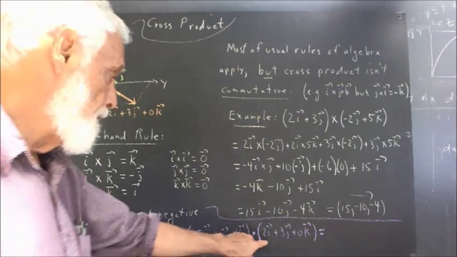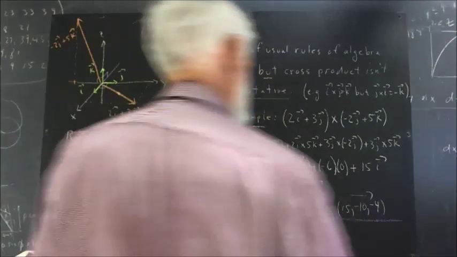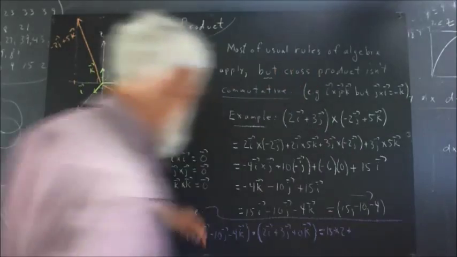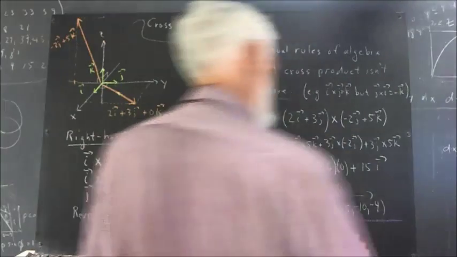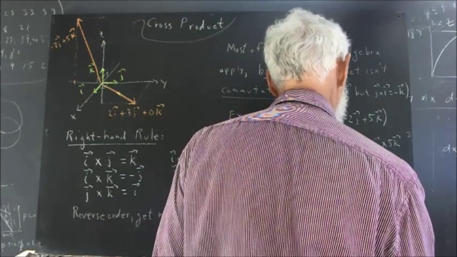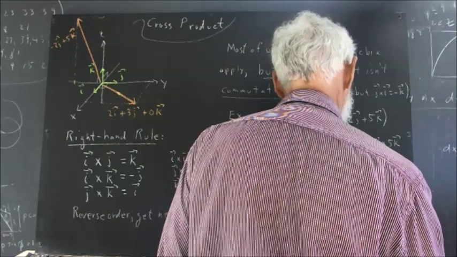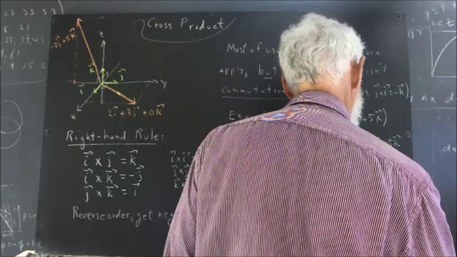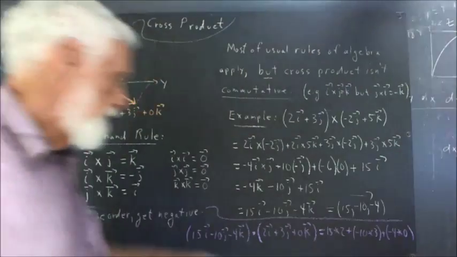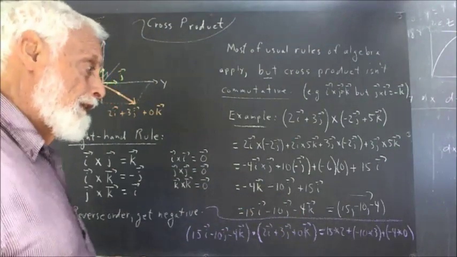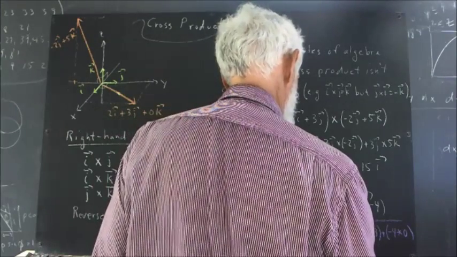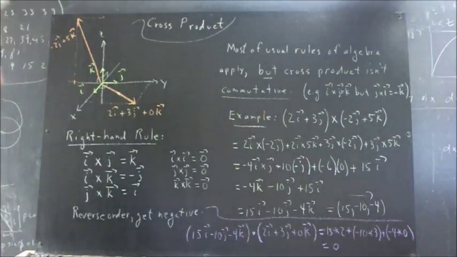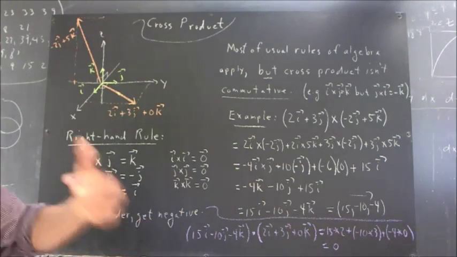Okay, well, that's going to be 15 times 2 plus negative 10 times 3 plus negative 4 times 0. And I'm sure you can do that arithmetic: it does equal 0. Implication: cosine of theta is 0.